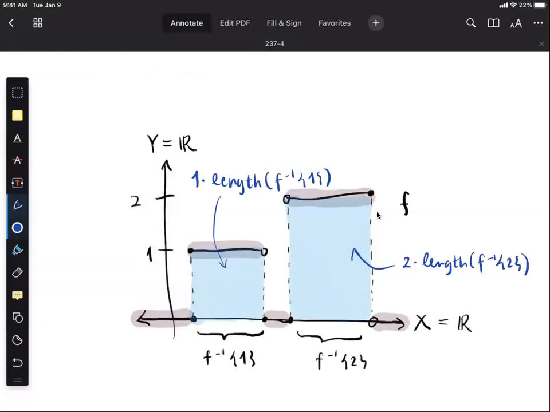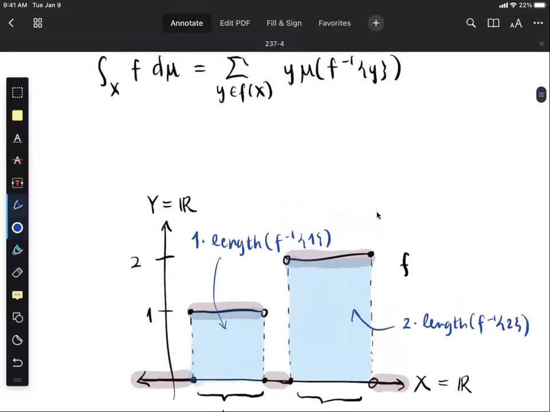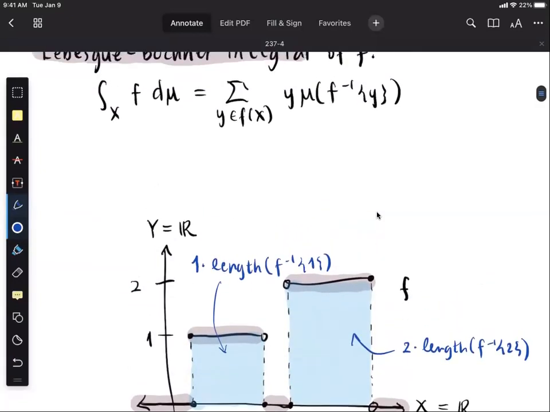This would be the integral of f over the domain X. Take note that if f is 0, then there's no contribution to the area, hence to the integral. So you can think of this as your height, and you can think of this as your base.